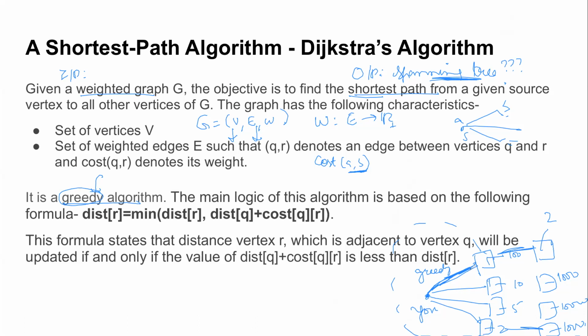Although I have constructed an example wherein the greedy option was not good, in general researchers have found that if you take a greedy decision at every step, most probably, if not always, the probability of getting a good answer increases. Dijkstra's algorithm is also a greedy algorithm, which means it's going to take a greedy decision at every step. Is the idea of a greedy algorithm clear in general?